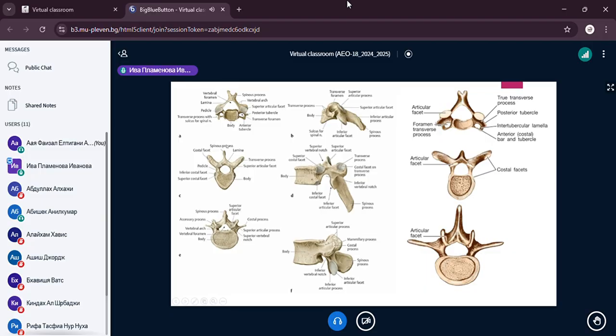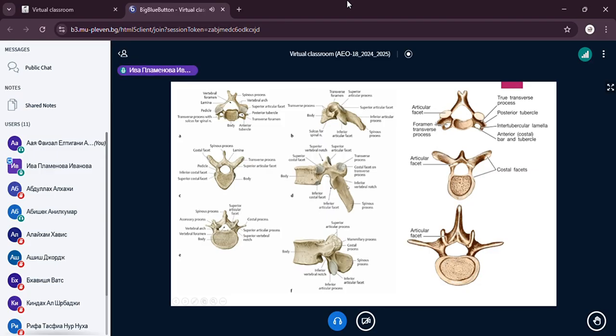Here on the thoracic vertebra, what do we have? Spinous process, again the vertebral arch with the body, and between them the vertebral foramen. But here, as you already noticed, we have superior and inferior articular surfaces for the heads of the rib on the body, and one costal facet on the transverse process for the rib tubercle.